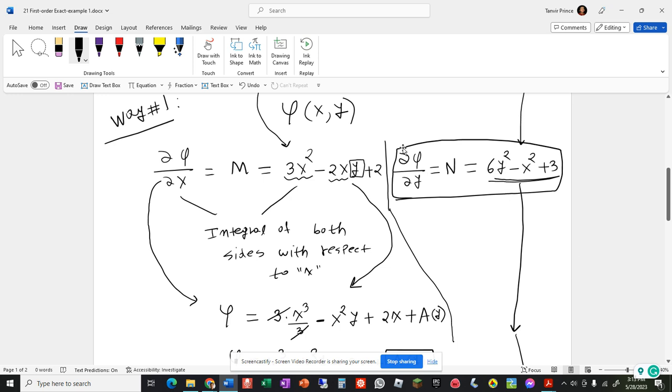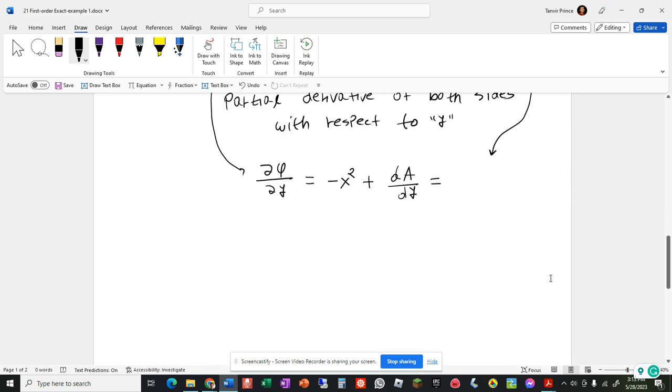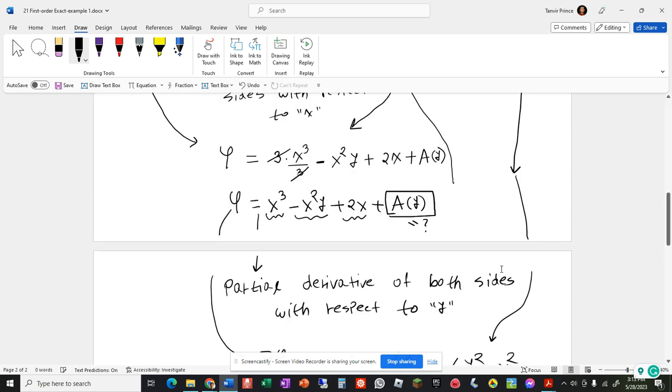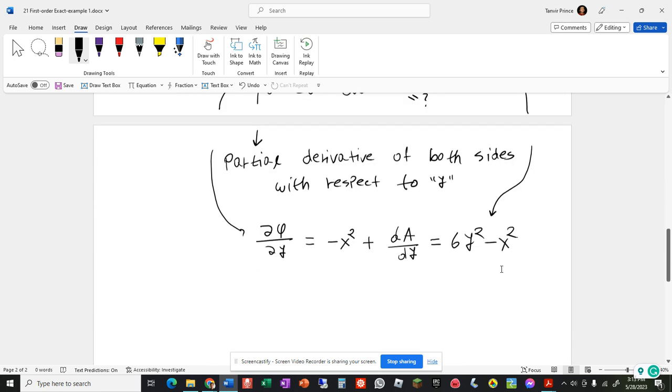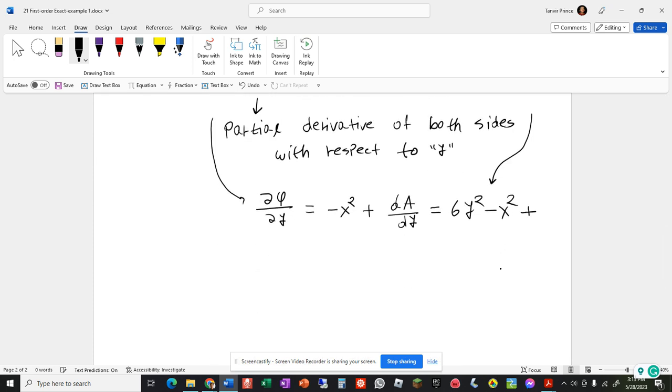So the 6y squared minus x squared plus 3. So this equality must be true because they both equal to partial derivative of phi with respect to y.